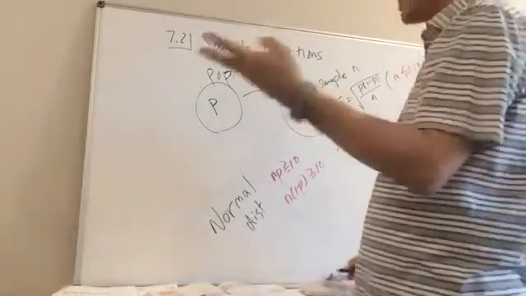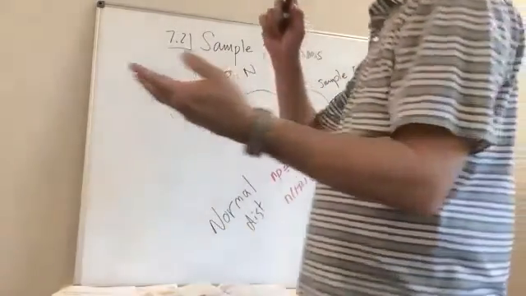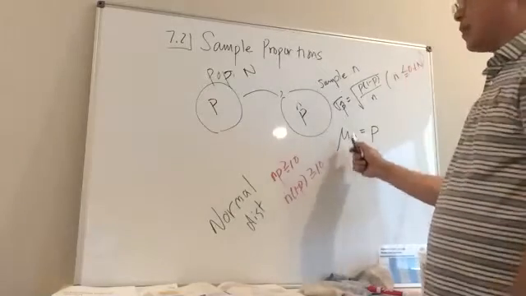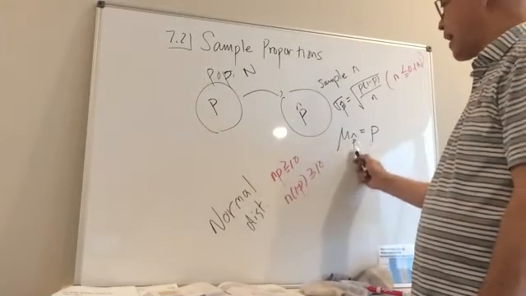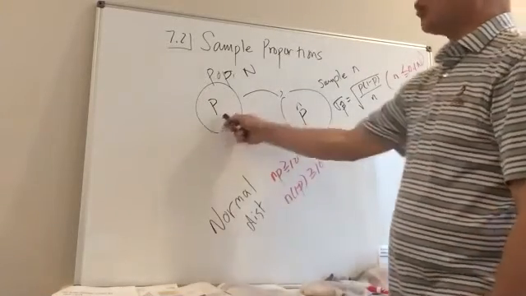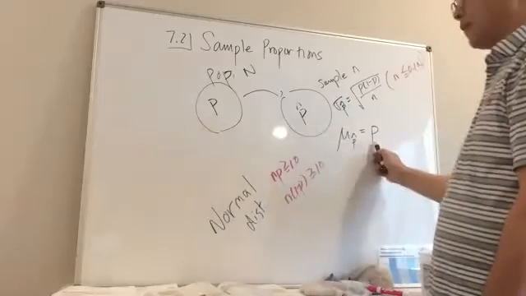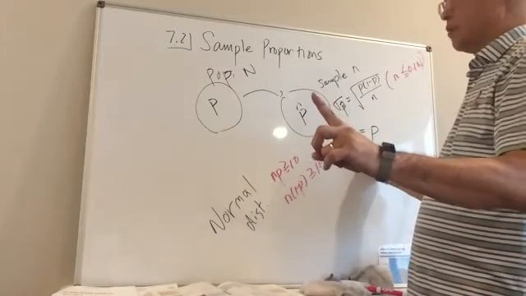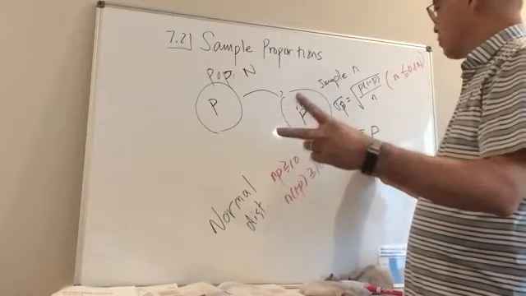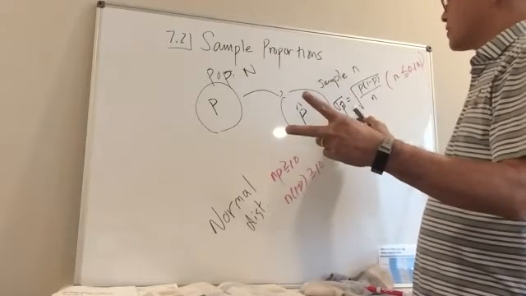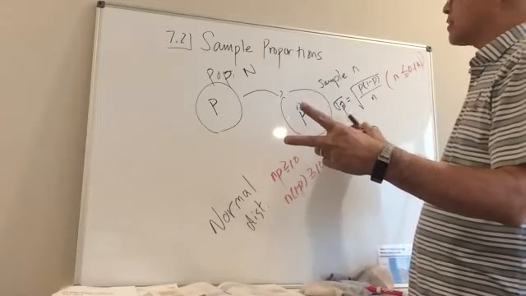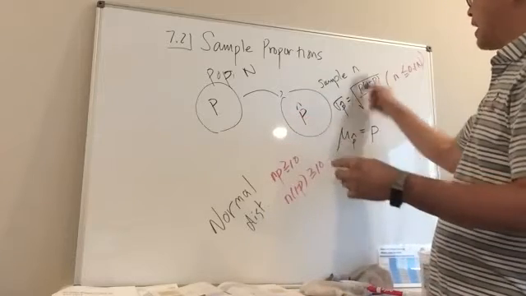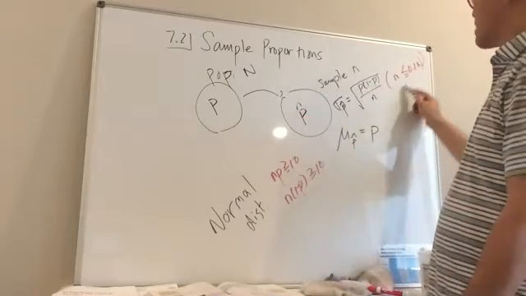Again, there are three things happening here. Number one, the mean of the p hats is the same as the true proportion of the population, because it's an unbiased estimator. Number two, the standard deviation of the sample proportion is going to be this, as long as you do not oversample.